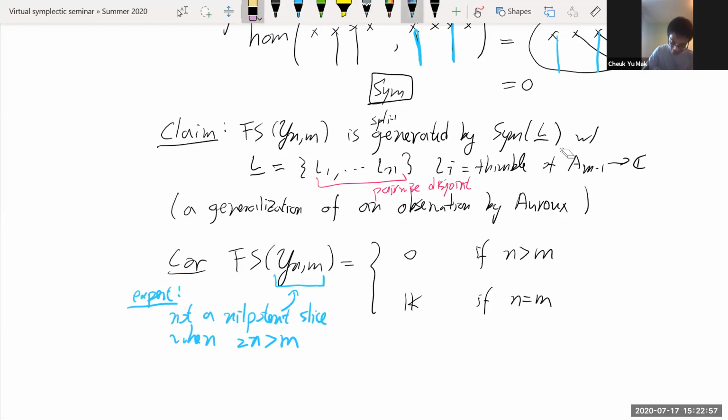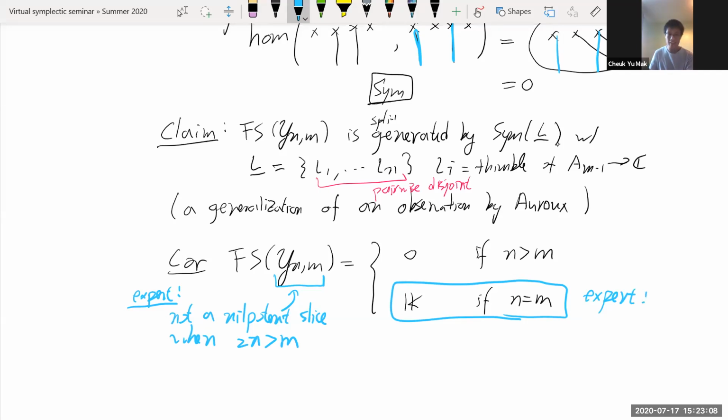And the second remark is, in this case, to another group of experts: when n equals m, the setting is quite similar to the higher dimensional Heegaard Floer theory defined by Colin, Honda, and Yen.